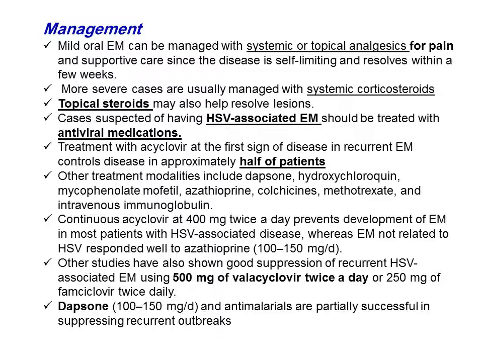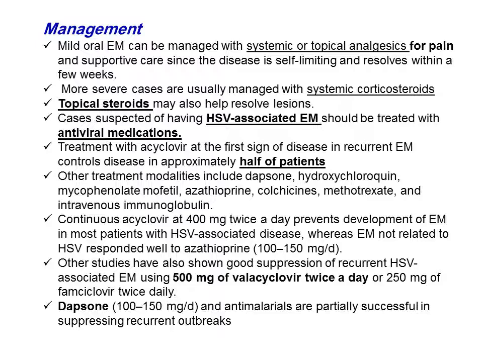Treatment with acyclovir at the first sign of disease in recurrent erythema multiforme may control approximately half of cases. Other treatment modalities may include dapsone, hydroxychloroquine, azathioprine, colchicine, methotrexate, and intravenous immunoglobulin.